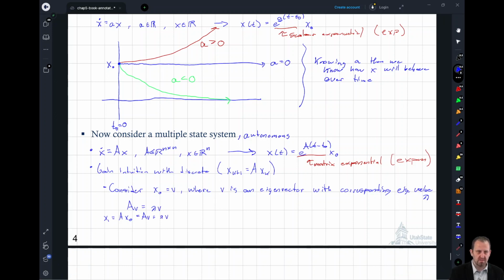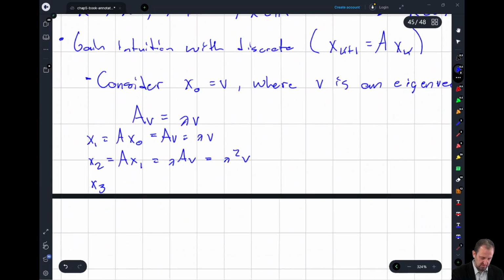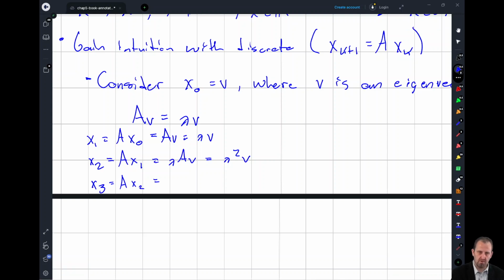Good. Let's keep going. x2 is going to be A times x1, which equals, I'm going to put the lambda out front, lambda times A times v, which is just equal to lambda squared times v. Okay, if we did it one more time, x3 is equal to A times x2, which is equal to, again, since lambda is just a scalar, I'm going to pull it out front.